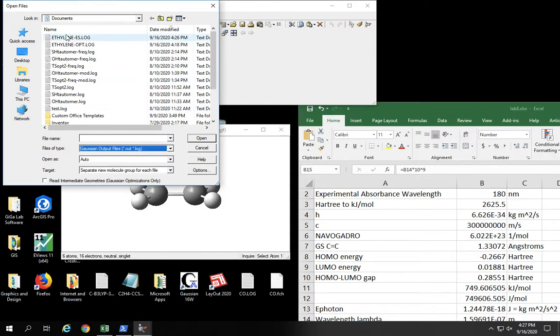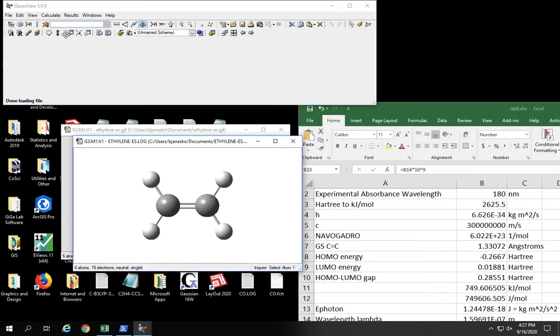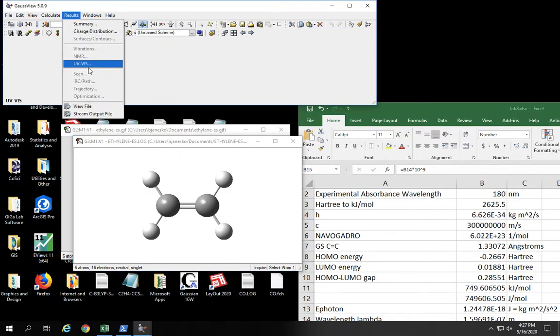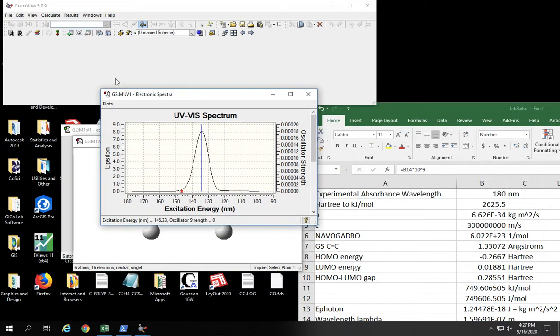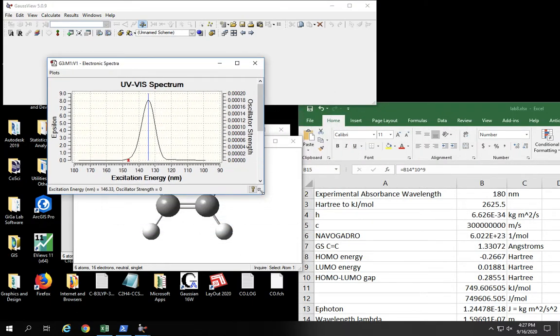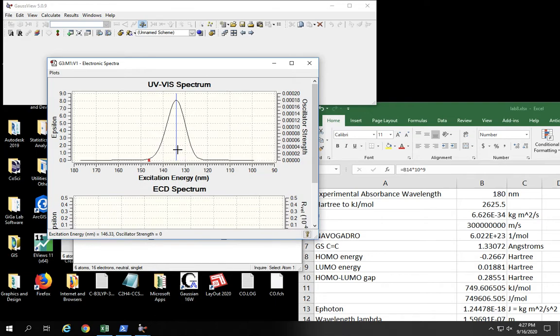And if it doesn't show up nicely in GaussView, we can just look at the text document. Okay, there we go. The log file gives me UV-vis. And I get this nice looking computed UV-vis spectrum, which is really a single transition broadened out by this extra thing.